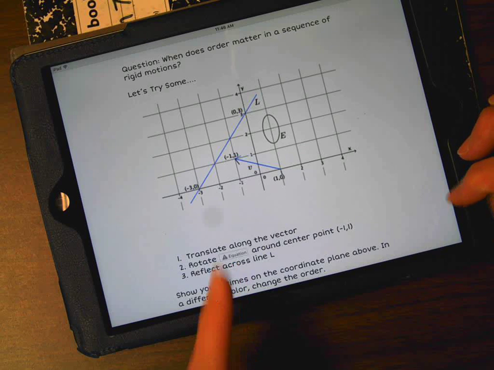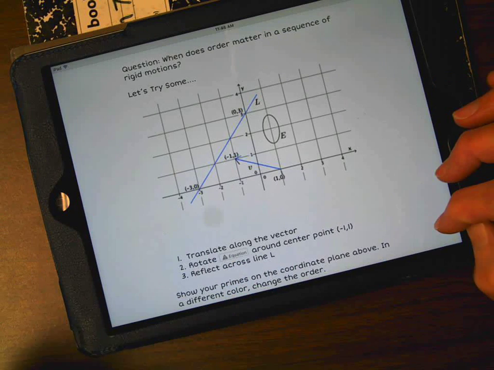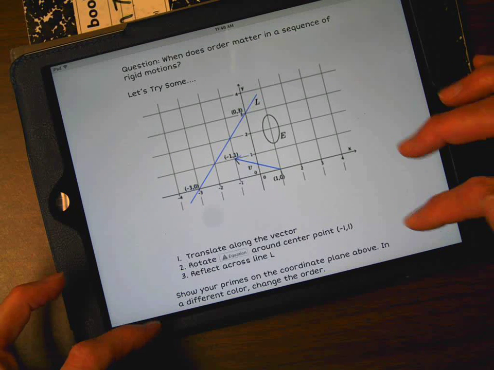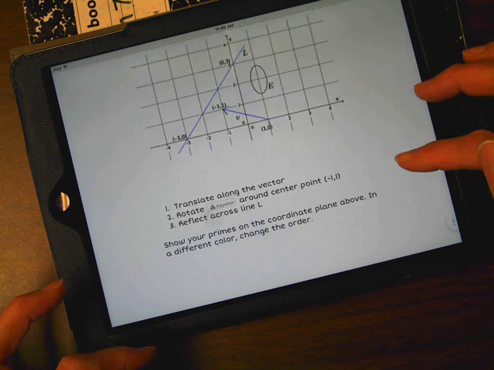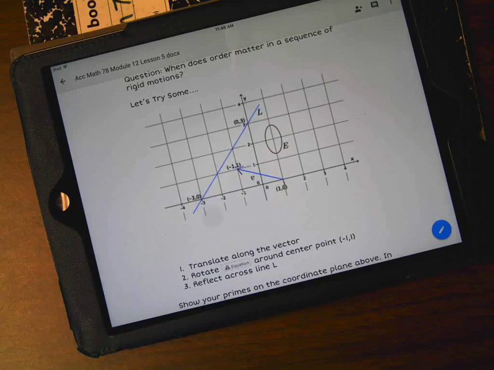That's what the equation symbol is supposed to be. 90 degrees around the center point -1, 1, and then reflect it across the line. And it says, show your primes on the coordinate plane above in a different color, and then we're going to change the order. Okay, so let me get it drawn really quickly so that we can practice this.